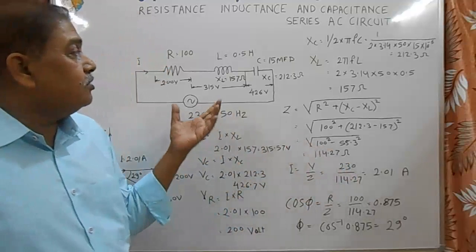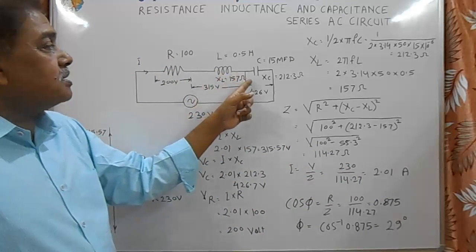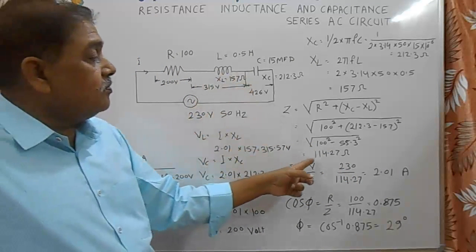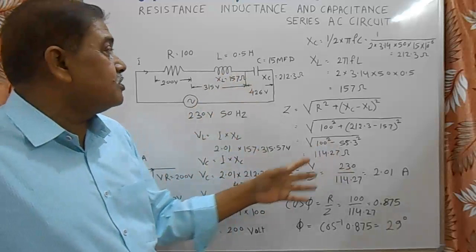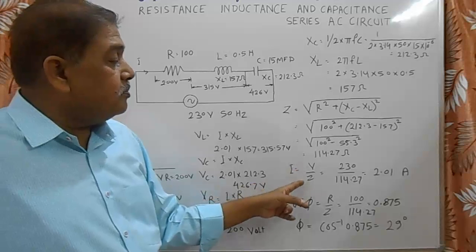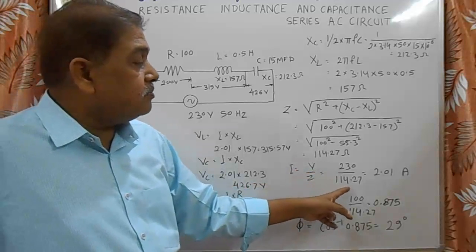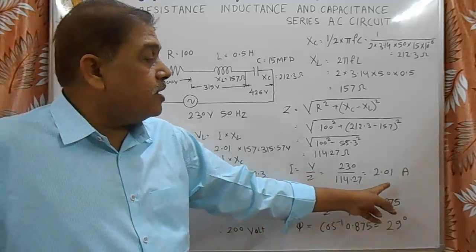So the total impedance of this complete unit, resistance plus inductance plus capacitance, is equal to 114.27 ohms. Therefore, the current is equal to V upon impedance, which is 230 volt upon 114.27, equal to 2.01 ampere.